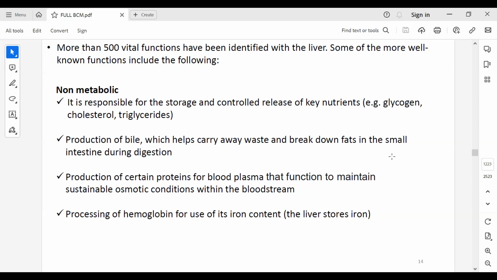Of course, it also synthesizes and produces bile acid, and that's why the biliary system is also there. It also produces certain blood plasma proteins that function to maintain the osmotic condition within the bloodstream, and it also does hemoglobin metabolism.